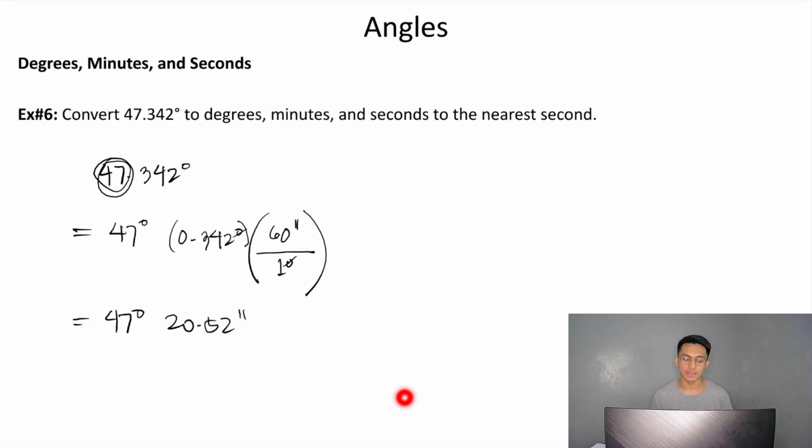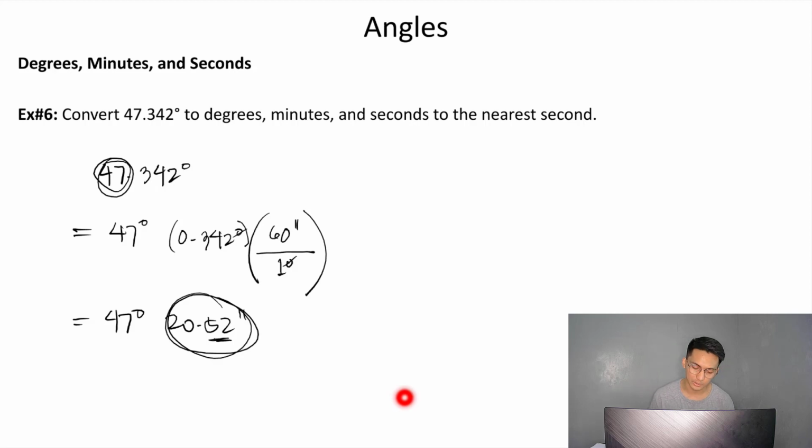Ang sabi kasi sa problem, convert the angle to degrees, minutes, and seconds to the nearest second. So, kailangan pa natin siya ulit i-convert into second. As we can see, itong minutes natin, meron siya ulit sobra yung 0.52. Kailangan, dahil sabi niya to the nearest second, gawin natin whole number yung minute natin.